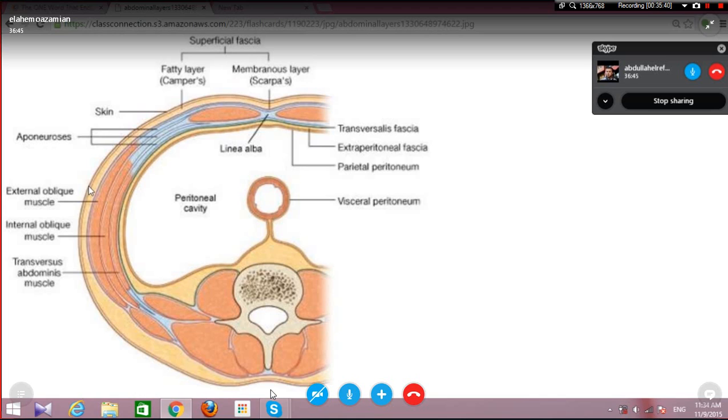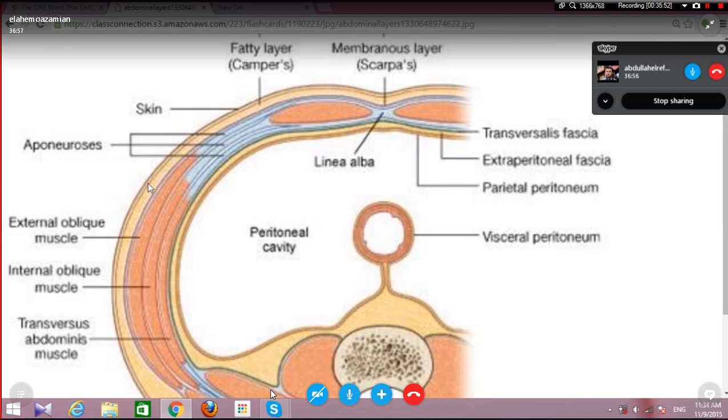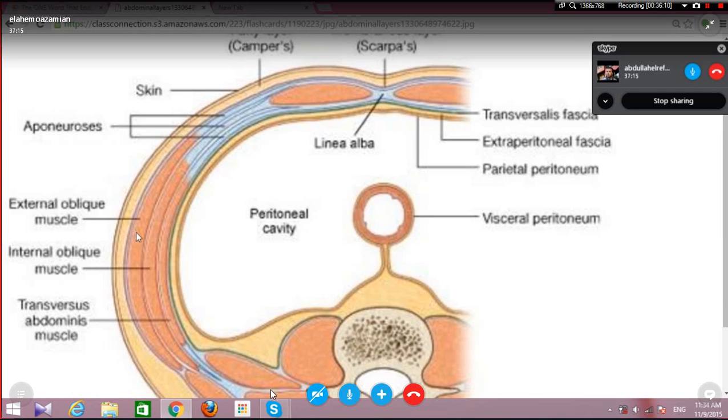Now look here. First, what is the first layer? Skin. Then what do you have? Then you have superficial fascia, which is divided into fat and membrane. Do you see this yellow one? It's the fatty layer, Camper's. And do you see this line? This is the membranous layer, Scarpa's. What do we have after? We have muscles, which are covered by deep fascia.